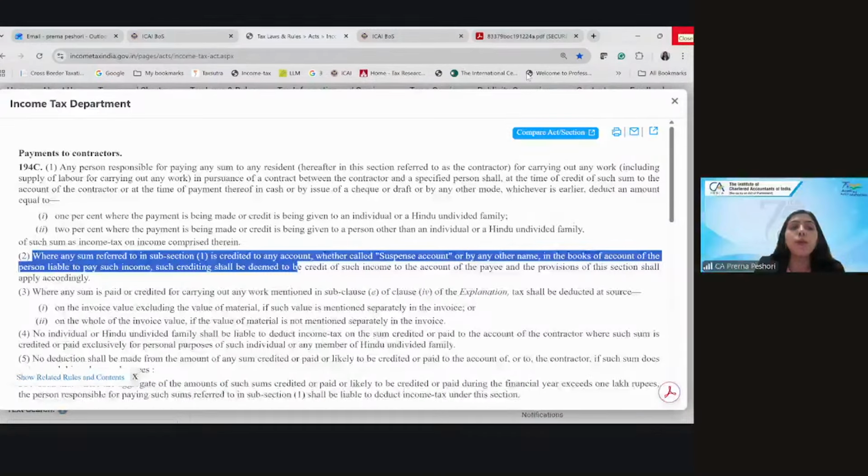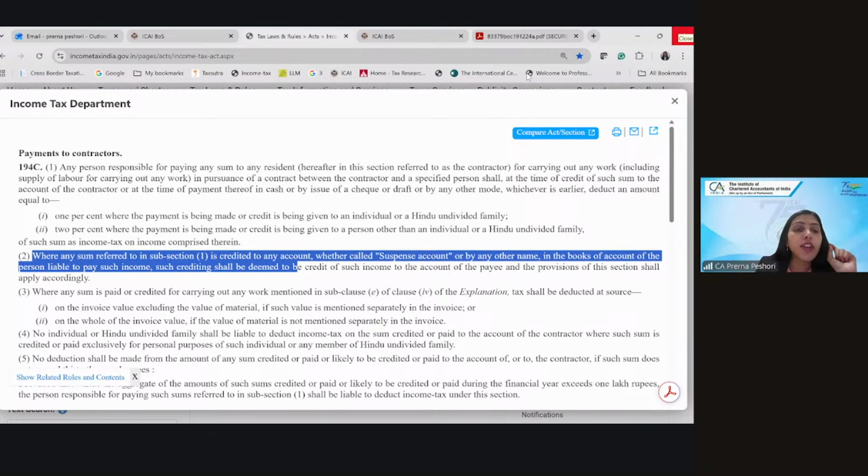Work shall include, this is an inclusive definition, advertising, broadcasting and telecasting, including the production of programs for such broadcasting or telecasting, carriage of goods or passengers by any mode of transport other than railways, catering, manufacturing or supplying a product according to the requirement or specification of a customer by using the material purchased from such customer or its associate, being a person placed similarly in relation to such customer as is the person placed in relation to the assessee under the provisions of section 40A(2)(b).